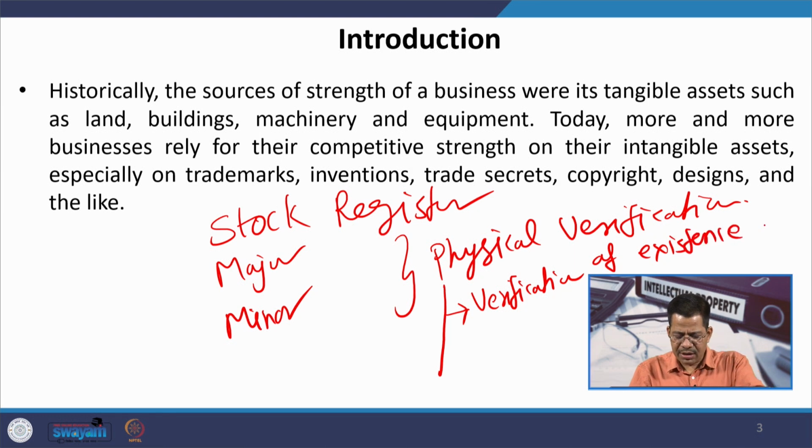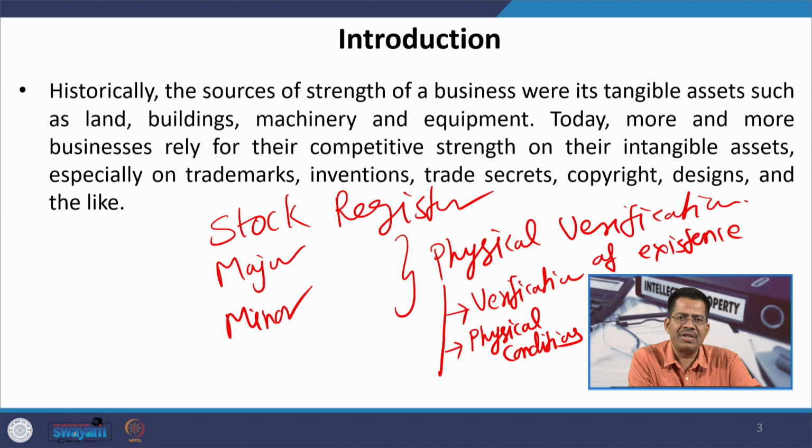And second, you can also check their physical condition, whether these computers, photocopy machines, printers are in working condition or not, can they be serviced or not, and if they are not serviceable, then you can think of writing off.